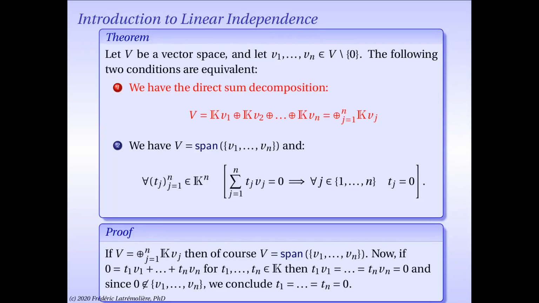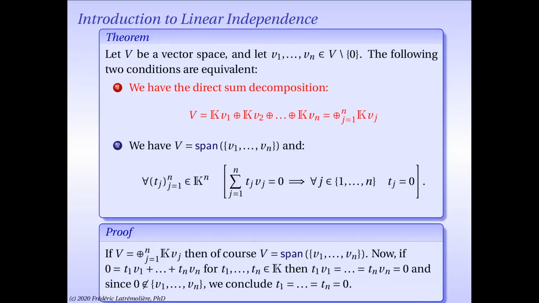So in particular, my vector space is in fact the sum of the spans, which means in other words that any vector can be written as a scalar multiple of v1 plus a scalar multiple of v2 plus etc. plus a scalar multiple of vn. Or in other words, any vector can be written as a linear combination of the set v1 etc. vn, so the vector space is indeed equal to the span of v1 etc. vn.